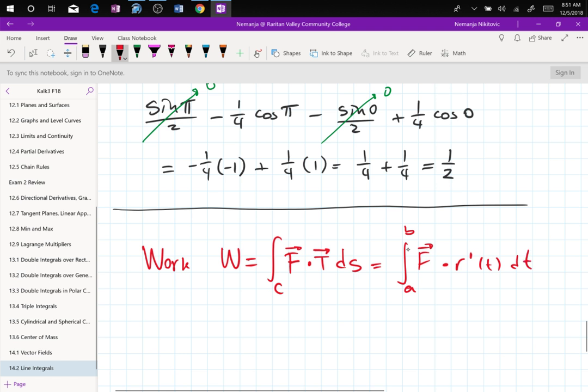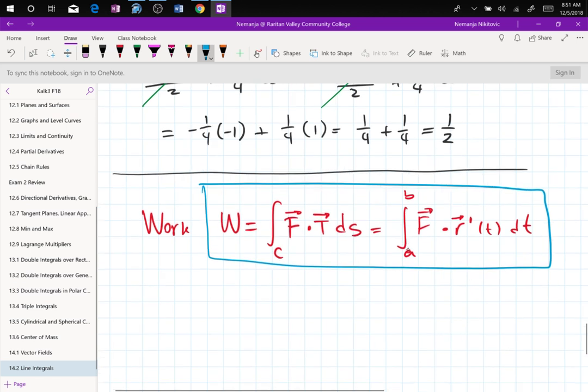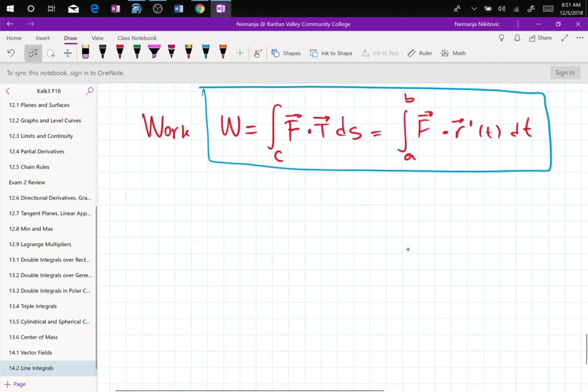Here r prime is also a vector. So this would be the formula for work, and I would like to review how to work on these integrals using an example.